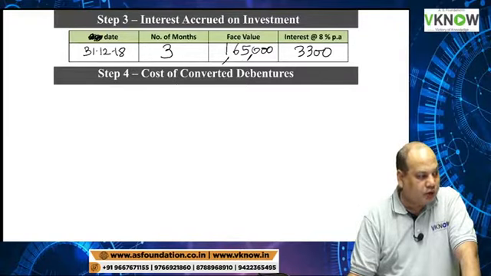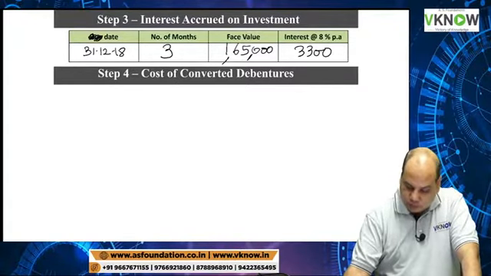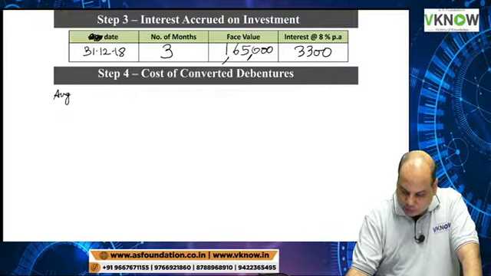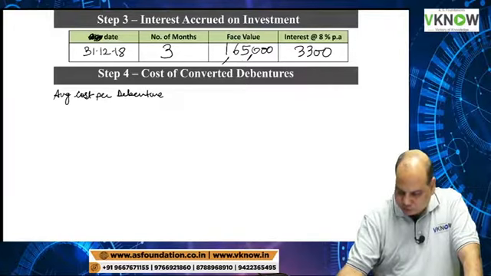Next, step number 4, write down cost of converted debenture. So first we'll calculate average cost per debenture.